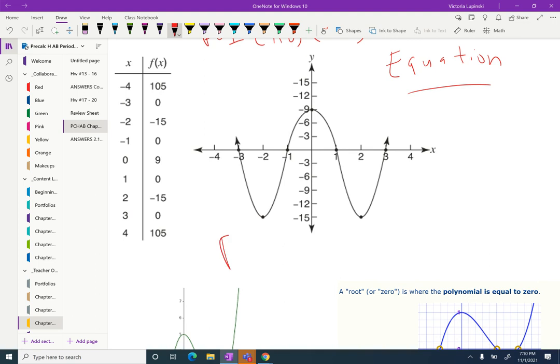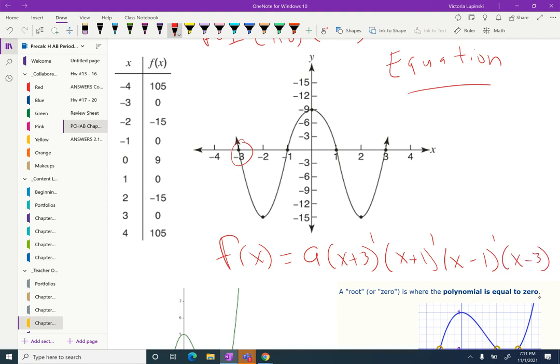And then if you wanted to get into the actual specifics, writing the equation as it were, I would call this f of x. Remember, you should put an a out front. To get this -3, you're going to write (x + 3) to the first. Then you're going to write (x + 1) to the first. Then you're going to write (x - 1) to the first and (x - 3) to the first. And again, you don't have to write the first, but you could if you wanted to.